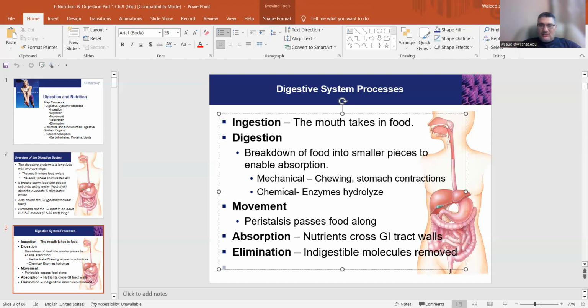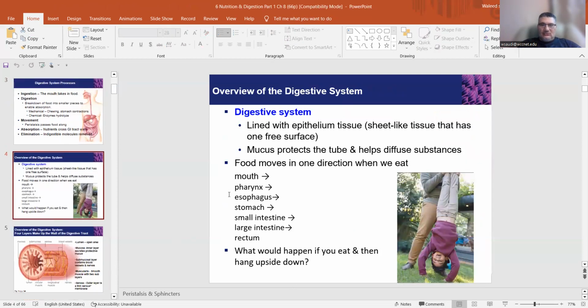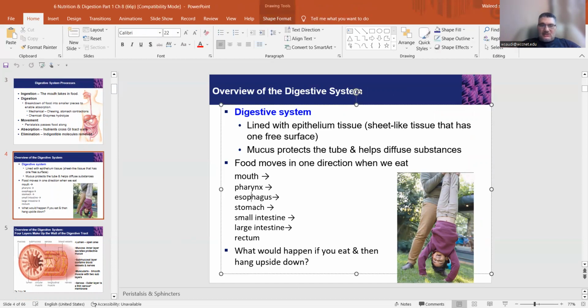It will go to the anus and it will be eliminated, which is this part, elimination. Here are the different parts: mouth, pharynx, esophagus, stomach, small intestine, large intestine, rectum, and anus. This is moving down.